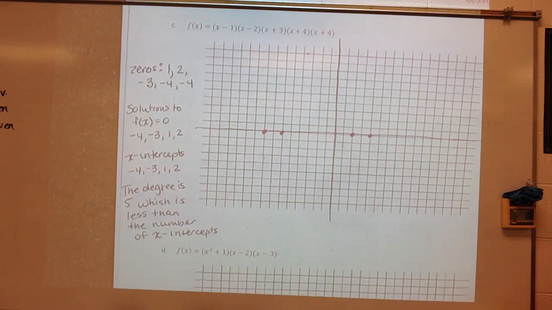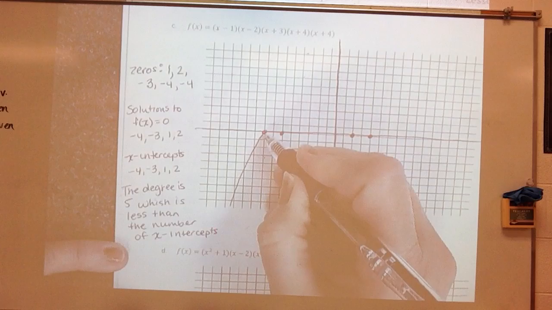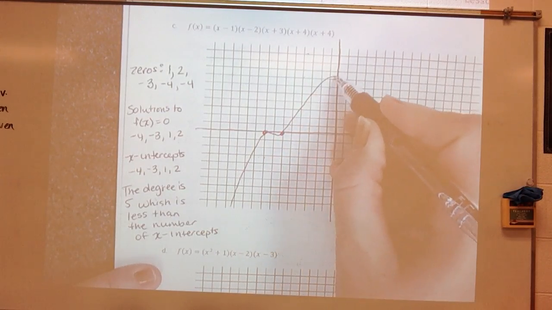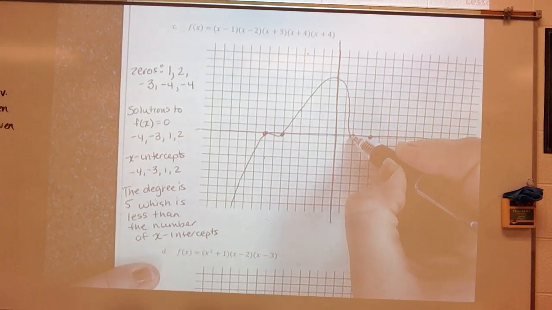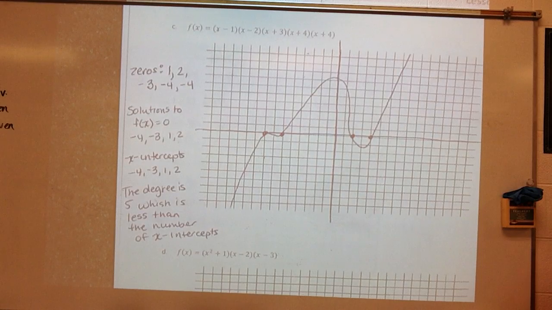So this is what my graph would actually look like if I took time to find a bunch of points. It would look like this. Okay? And if I wanted to graph this on a calculator, it would look something similar to this.